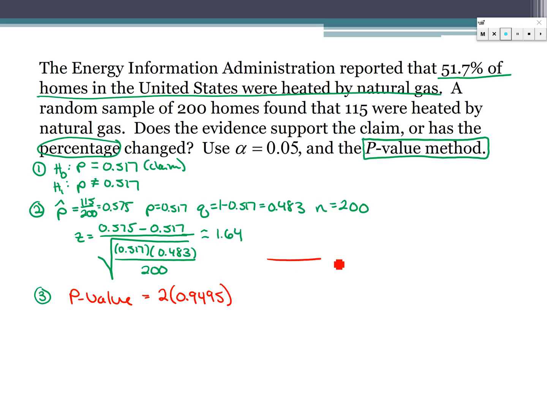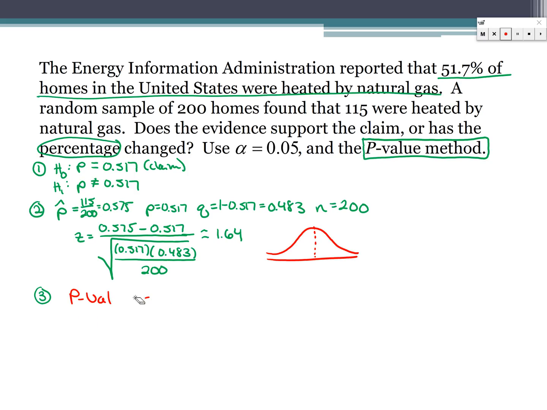But before I do that, though, this gives me the area to the left. So since it's a positive and it gives me the area to the left, here's where it gets a little goofy for p-value, and this is why I really like the calculator too.